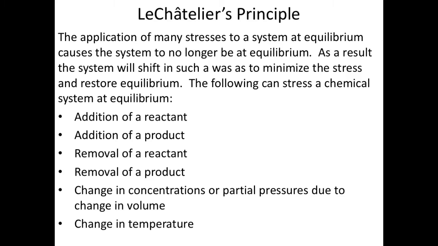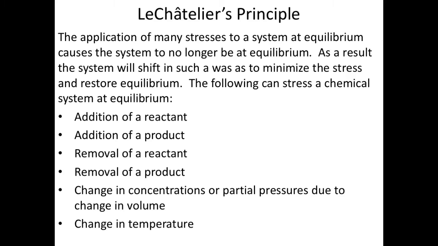The following can stress a chemical system at equilibrium: addition of reactant, addition of product, removal of reactant, removal of product, change in concentrations or partial pressures due to change in volume, change in temperature.